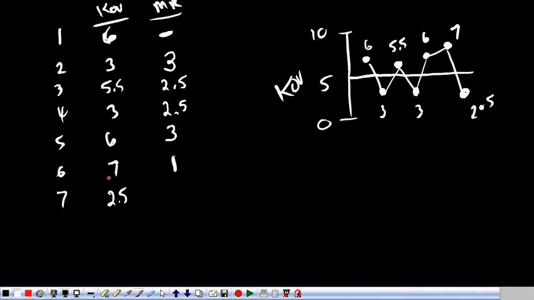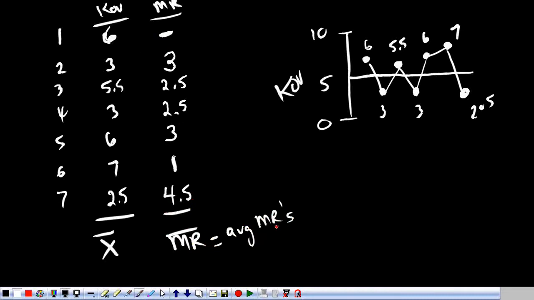And this is 2.5 minus 7, which is 4.5. Okay, got it? Then we look at what's called X bar, which is just the average, and MR bar, which is the average of all the individual MRs.